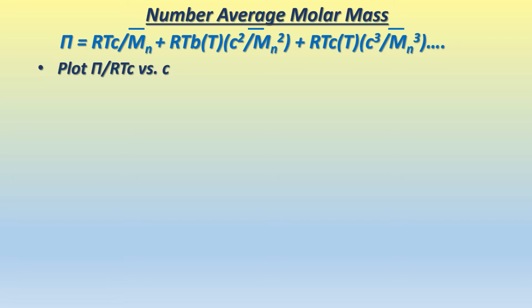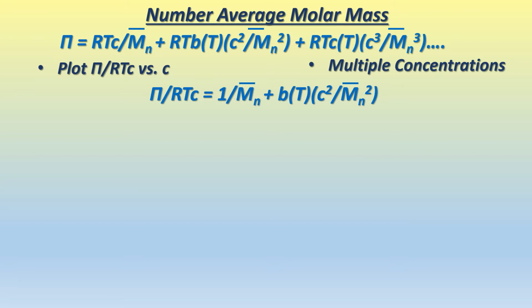A plot of pi divided by RTC versus C at multiple concentrations essentially gives you the equation of a line, where the power series term B winds up being the slope and 1 over the number average molar mass winds up being the intercept.